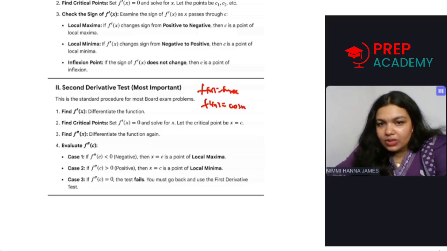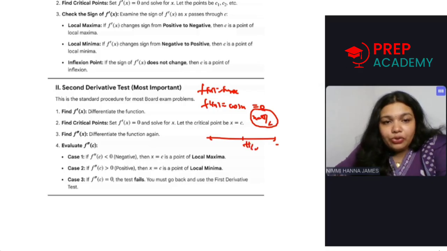Then we equate cos x to 0 and find the x value, which is the critical point. When cos x is equal to 0, what is x? Cos 90 is 0, so x is equal to pi by 2. So x equal to pi by 2 is the critical point. So we draw this, and the point is pi by 2.